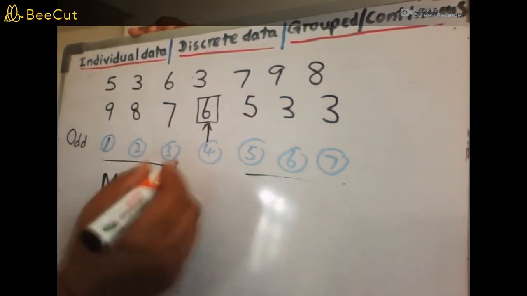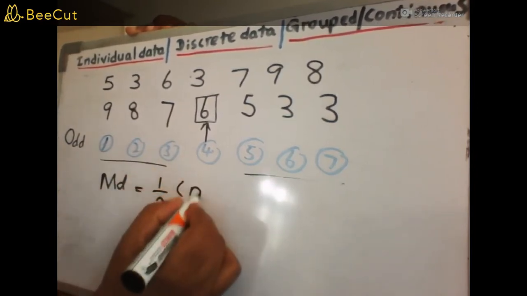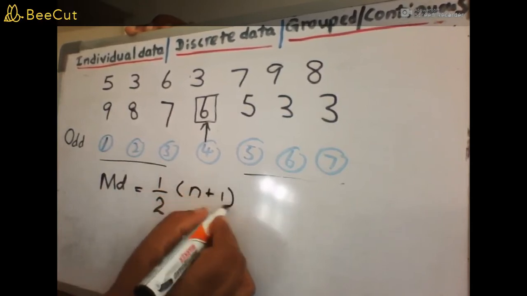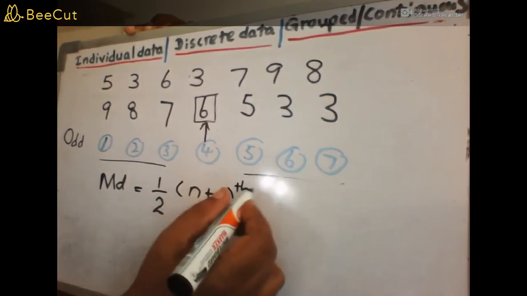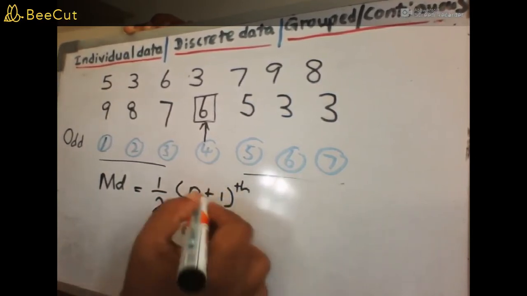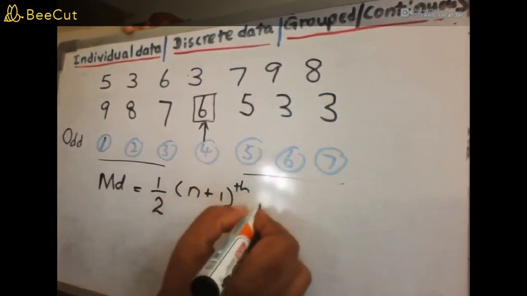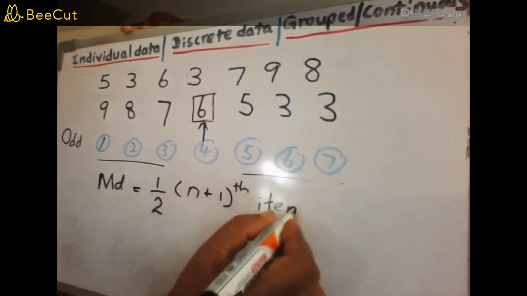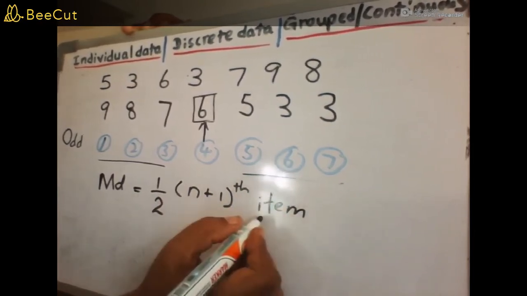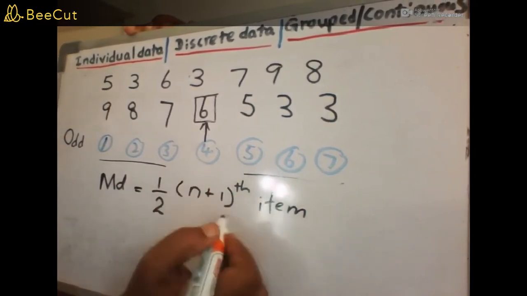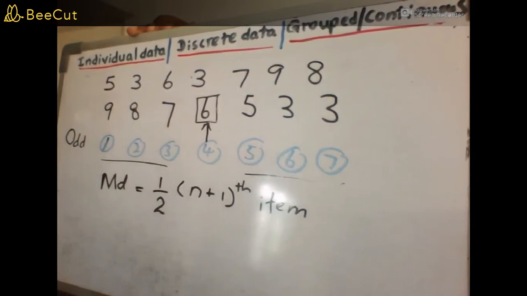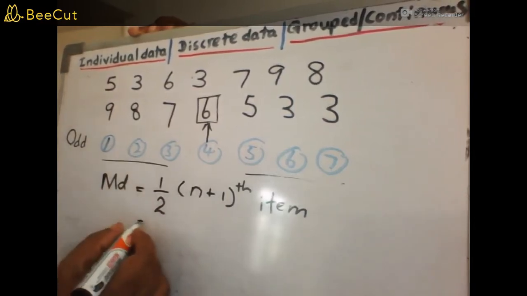Half into n plus 1 item. The mark represented by this item is the median. Right, we'll find this one.